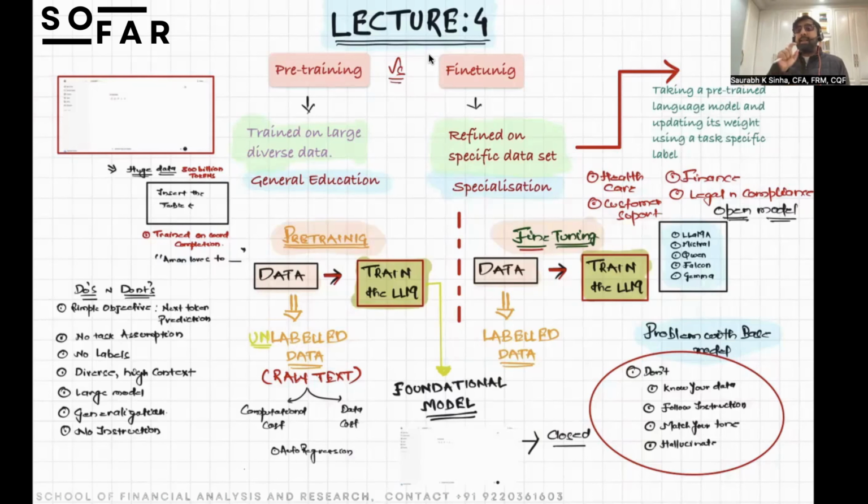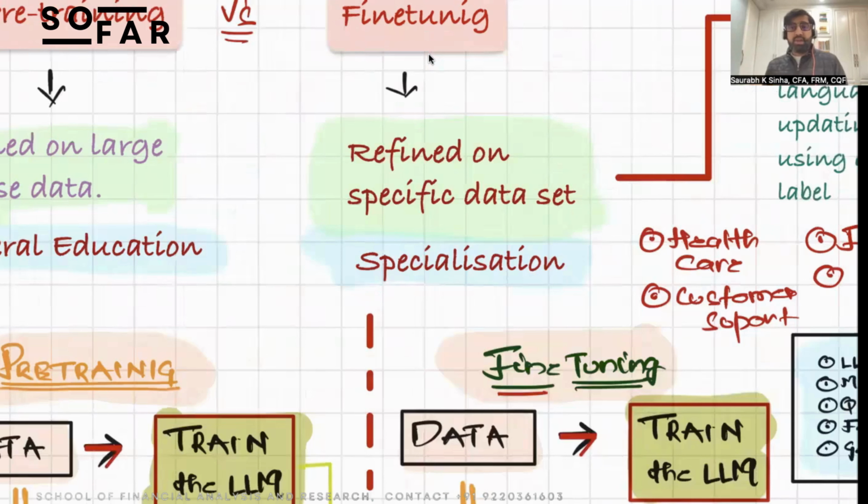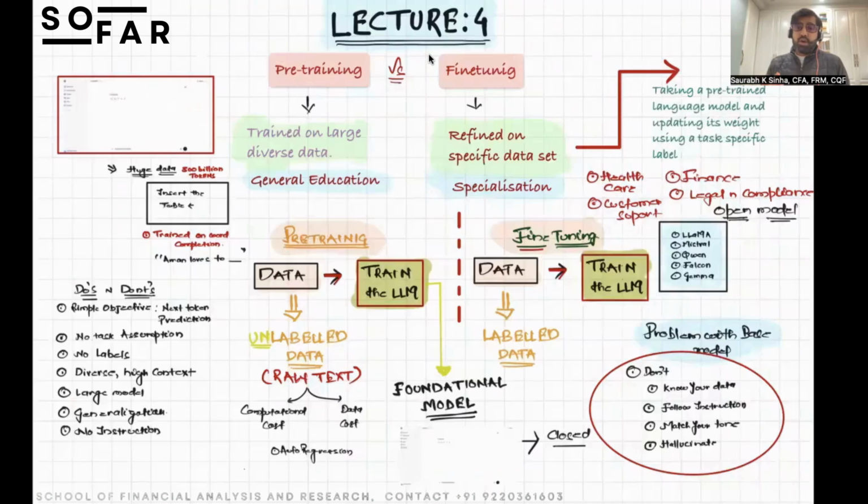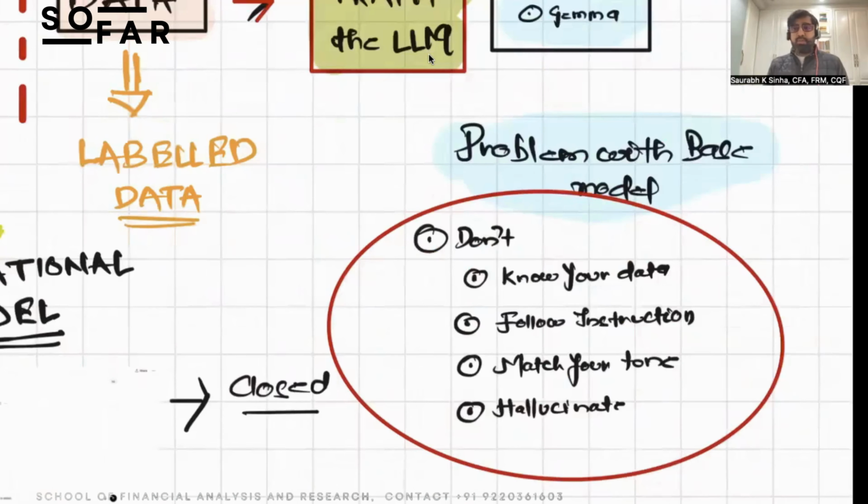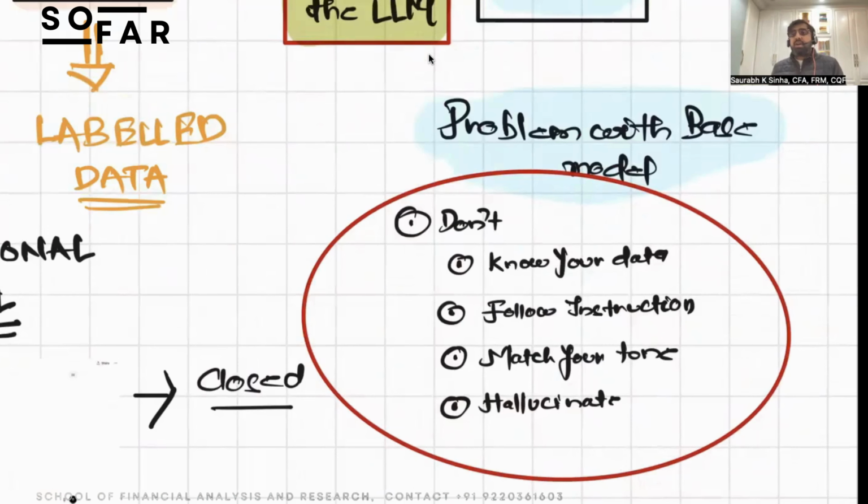Okay, let's understand what fine tuning is. At a very high level, fine tuning is related to specialization. Why do we need to specialize these good foundational models? Because of these problems. For example, you're working in healthcare, or I'm teaching finance. Whatever I'm teaching, the details, the nuances, the nitty-gritty, the model is not aware of that.